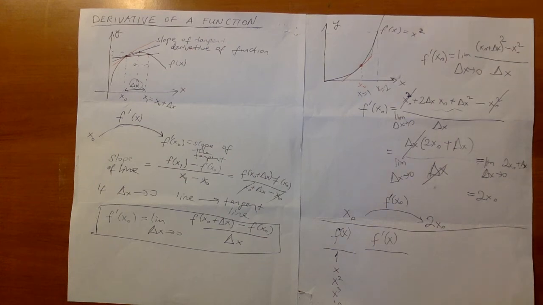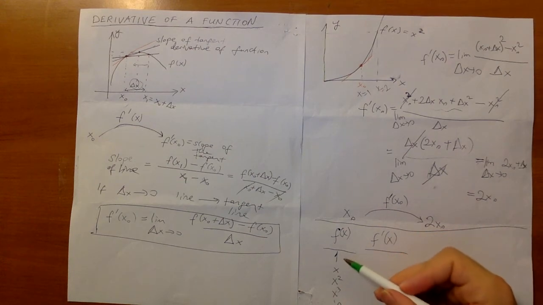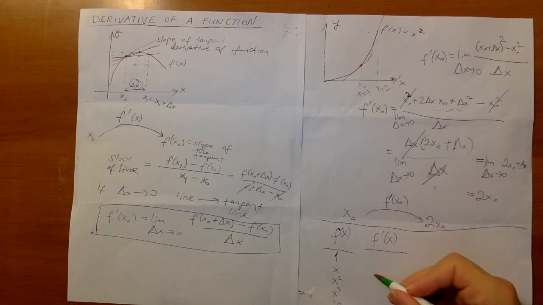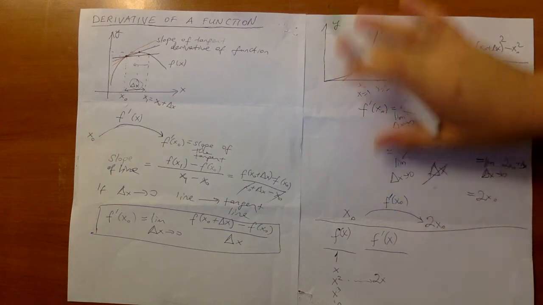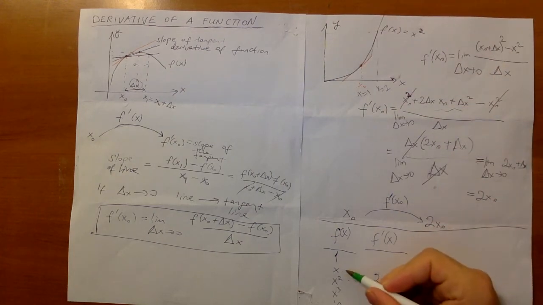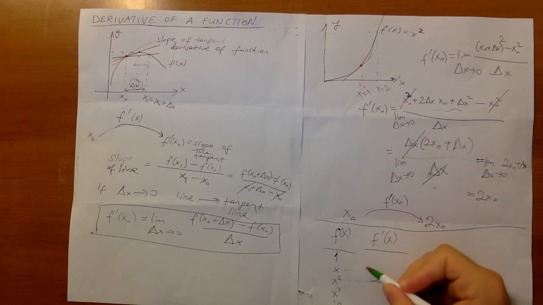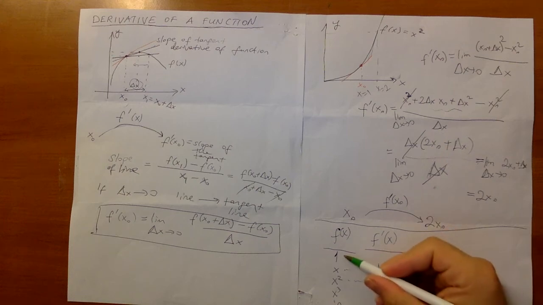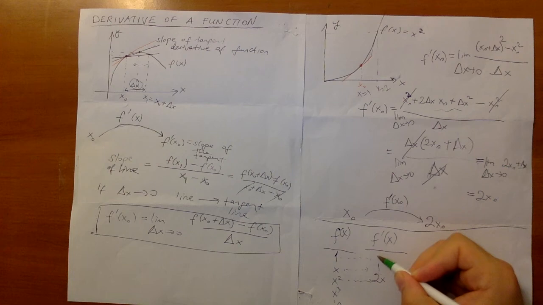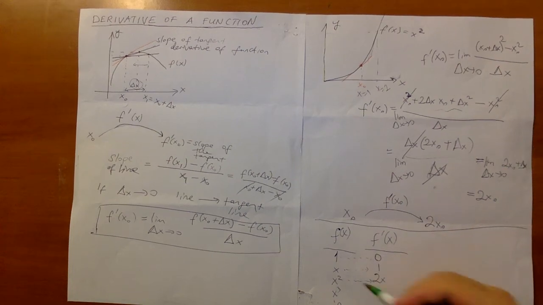We found that the derivative of the function x squared is 2x. If you do the same mathematics, you're going to find that the derivative of the function x is 1, and the derivative of the function 1 is 0.